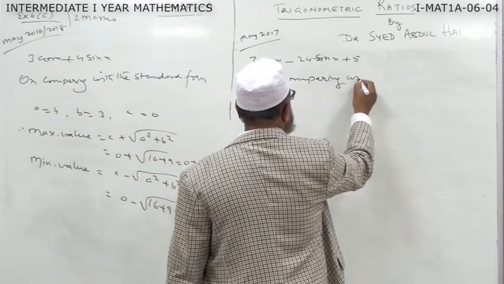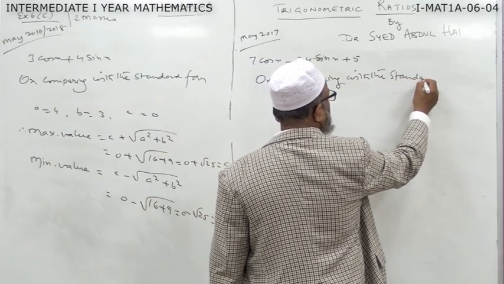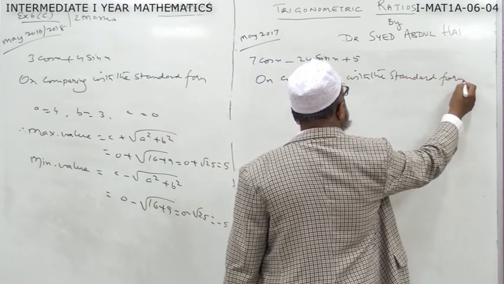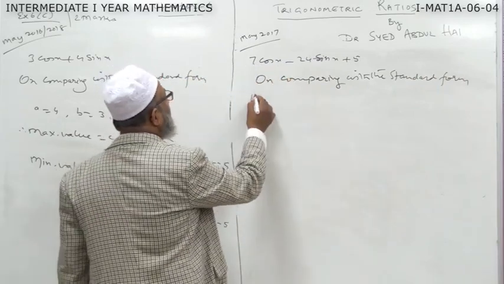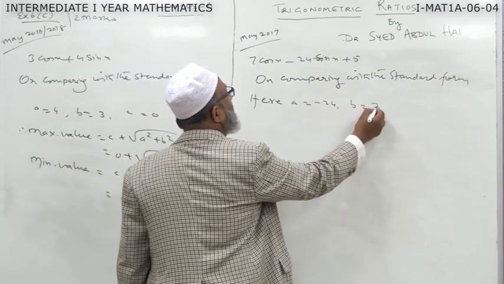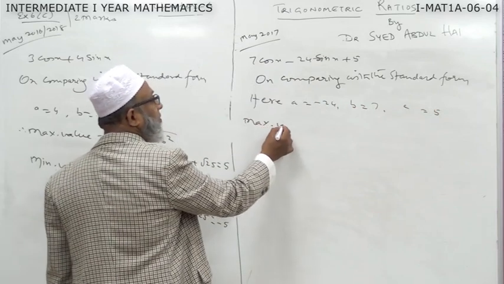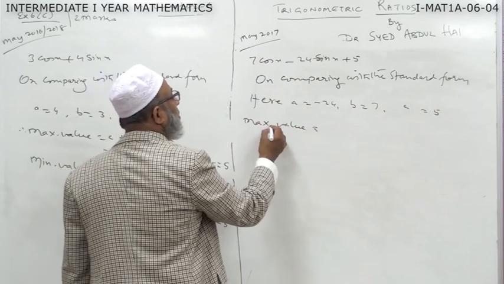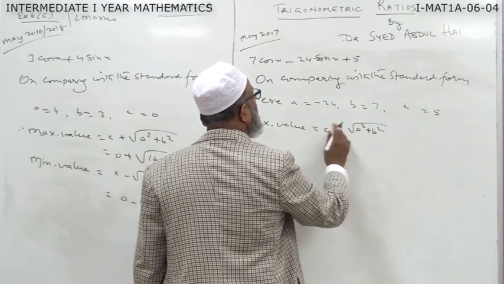with the standard form, A sin x plus b cos x. Here, A is equal to minus 24, B is equal to 7, C is equal to 5. Therefore, maximum value is equal to C plus root of A square plus B square.